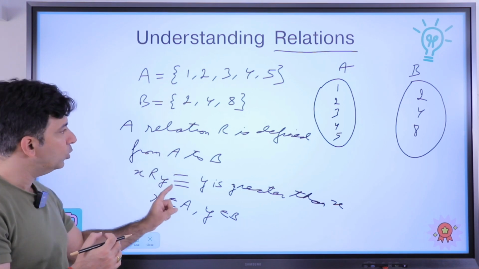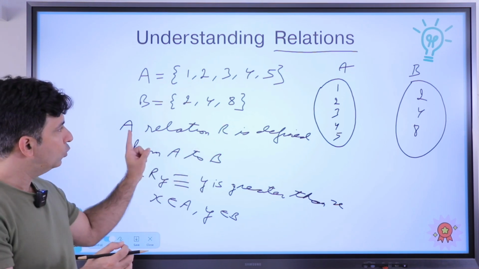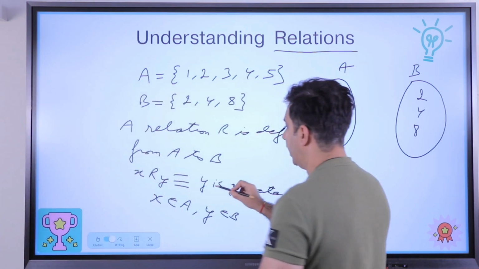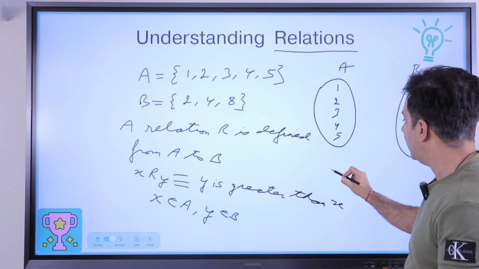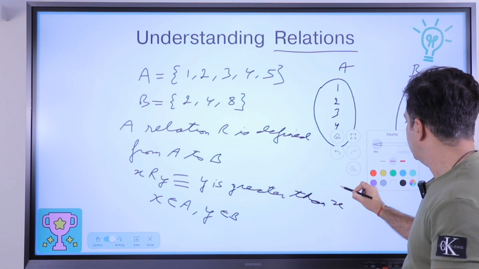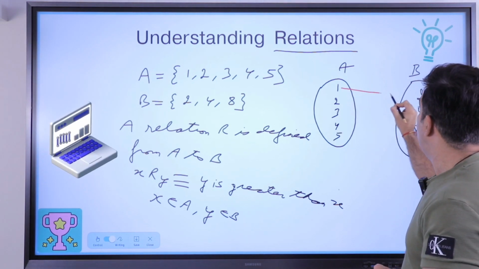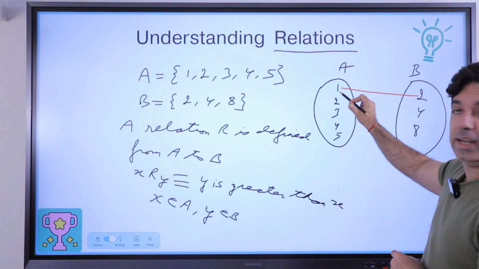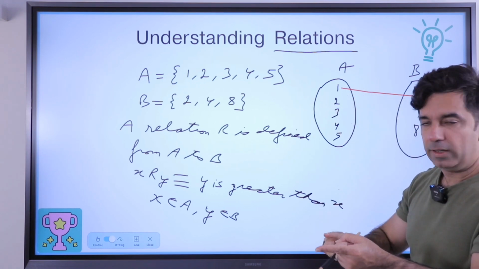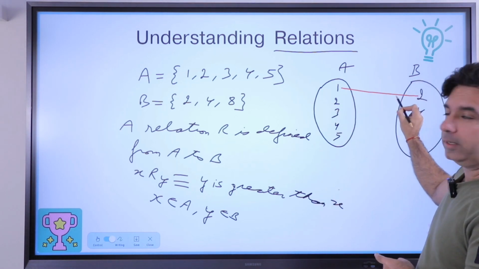So what are the possibilities over here? Let's start with x equal to 1. We can see that 1 is connected to 2. Why? Because if this 2 is y and this 1 is x, then 2 is greater than 1. So hence 1 and 2 are connected.